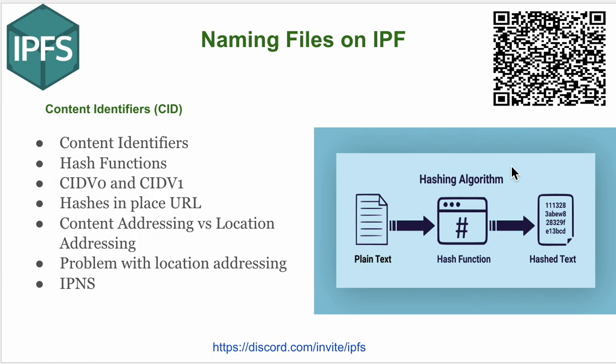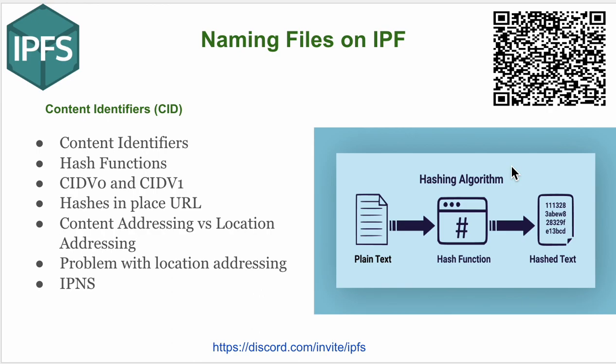Now, IPFS uses the concept of content addressing, and Web 2.0 uses the concept of location-based addressing, where you find information based on where that information is stored. But for IPFS, or Web 3.0 kind of access to content, we use content identifiers.